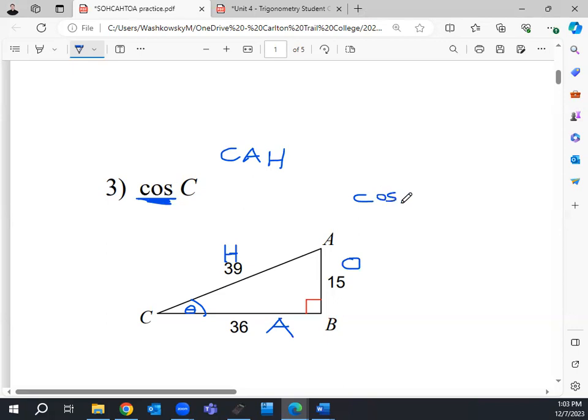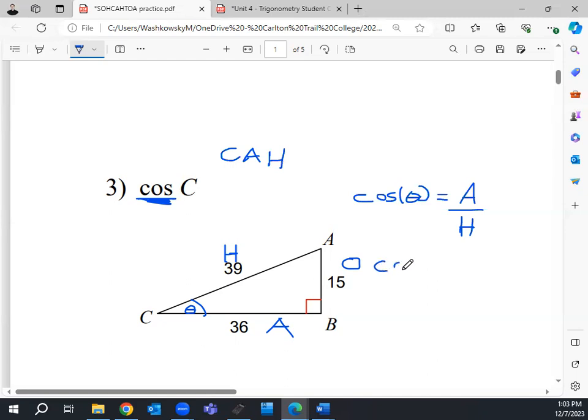So cosine of the angle is equal to adjacent, all divided by hypotenuse. So that's step 3.